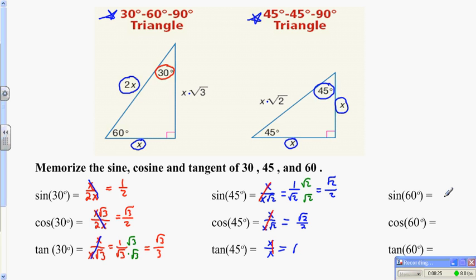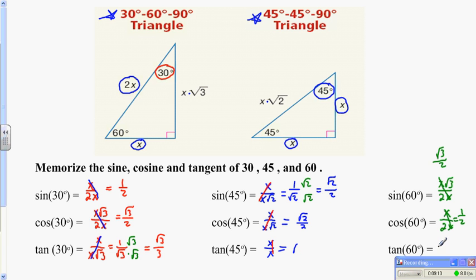Sine of 60 degrees is opposite over hypotenuse, and that reduces to root 3 over 2. Cosine of 60 is adjacent over hypotenuse, and that reduces to 1/2.